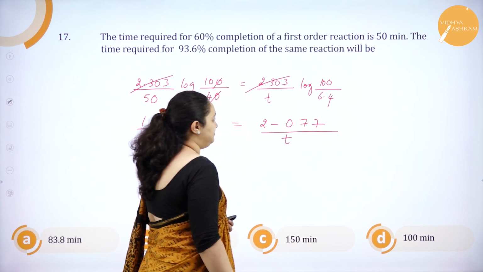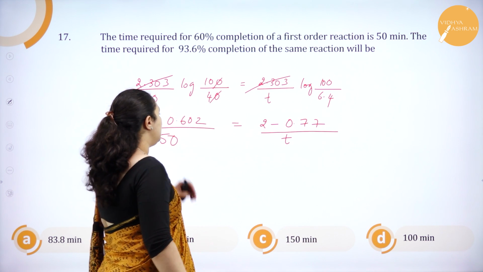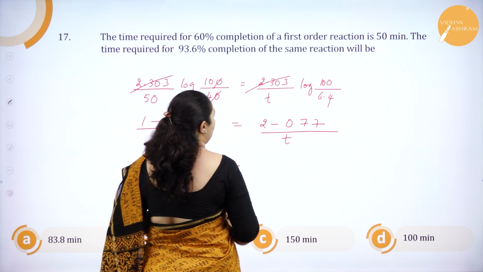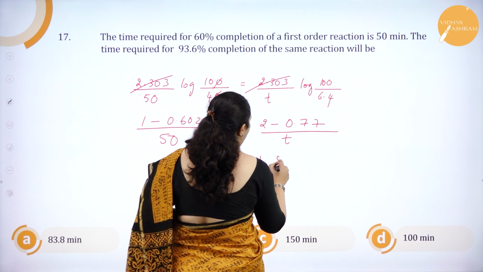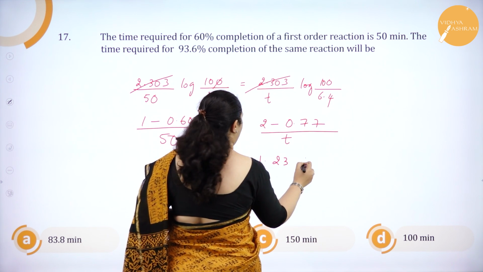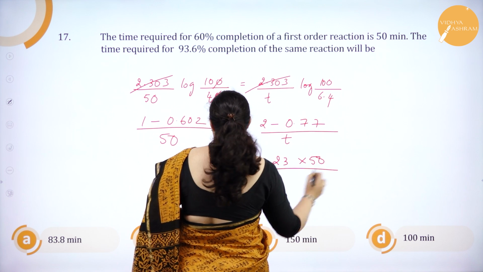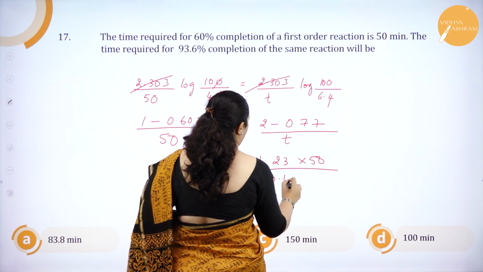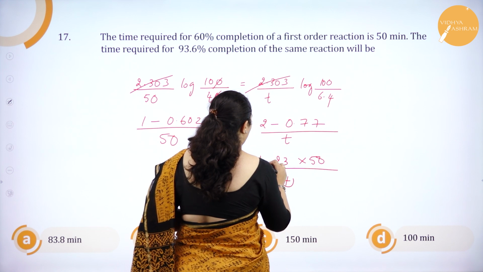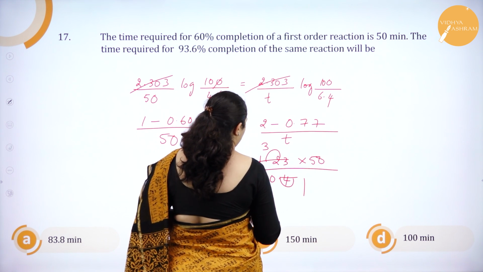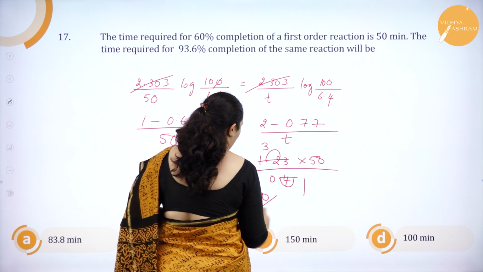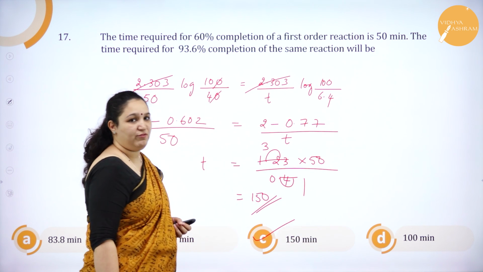Now just rearrange this. T is equal to 2 minus 0.77, which is 1.23, into 50 divided by 0.4. Just move the decimal point and you will get 12. So 1s are 3s are 3, 5s are 15. So your answer should be 150 minutes.